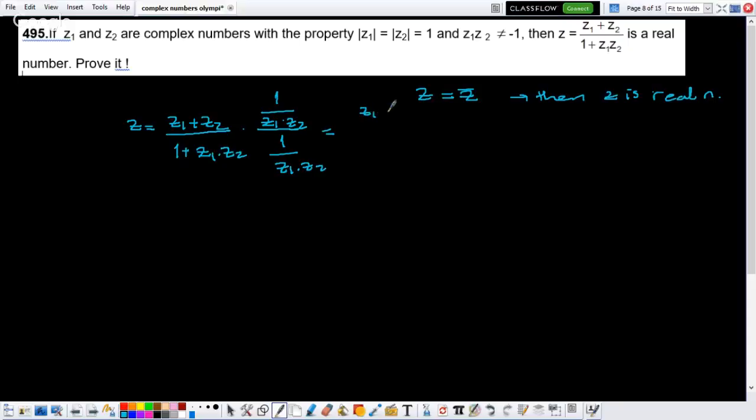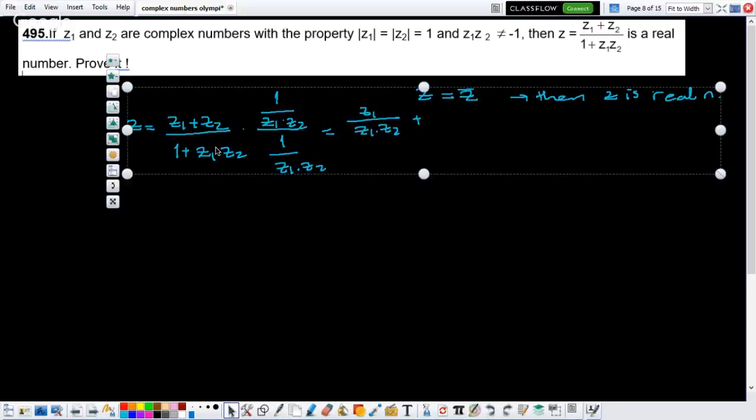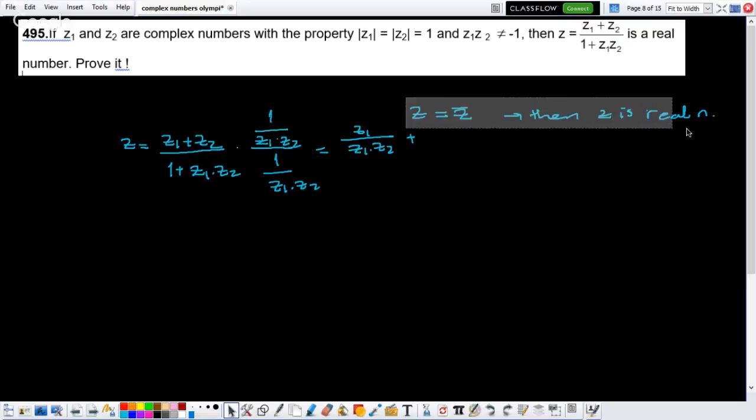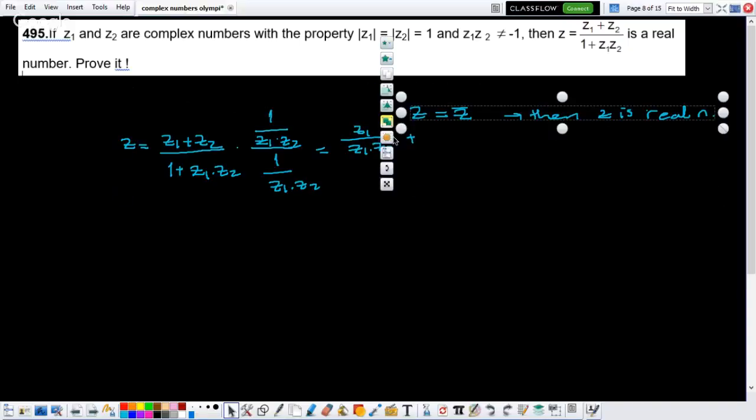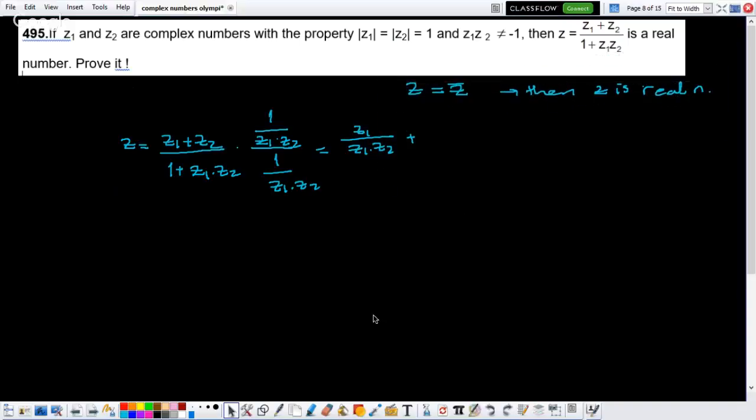Z1 over Z1 times Z2 plus Z2 over Z1 times Z2, then all over 1 times 1 over Z1 times Z2 plus Z1 times Z2 over Z1 times Z2.